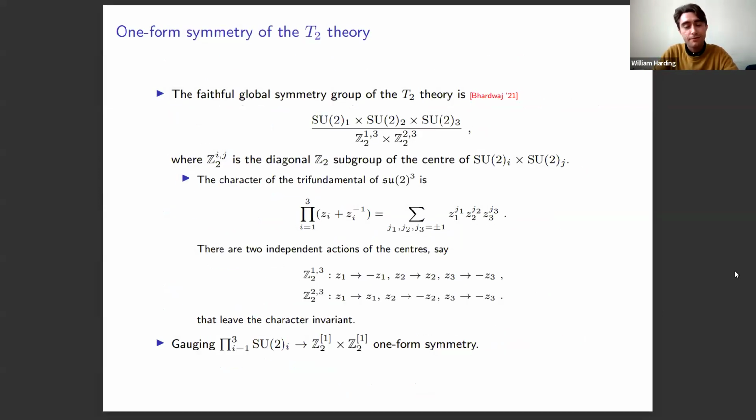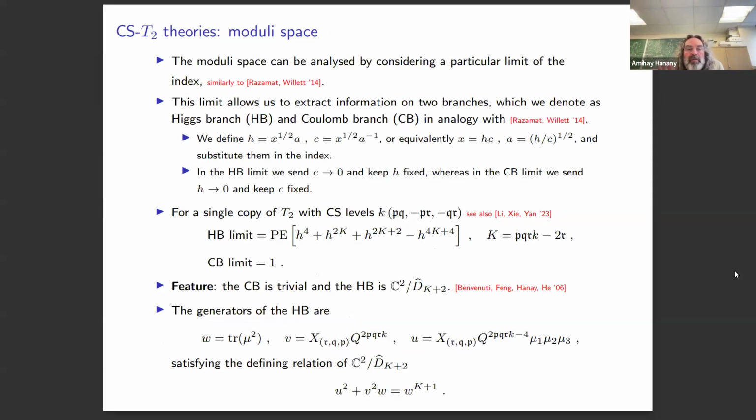So now we have discussed the indices and the moduli space, and as I anticipated, I also want to study the one-form symmetries and the 't Hooft anomalies for this class of theories. And in order to do so... A question? Yes, of course. What is the set of models where you will have enhanced supersymmetry?